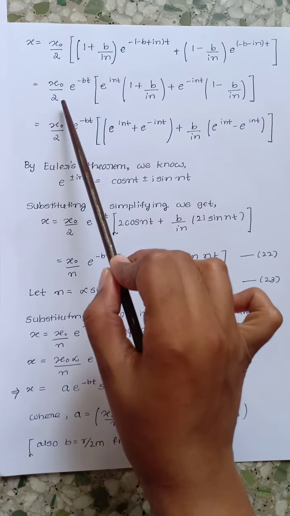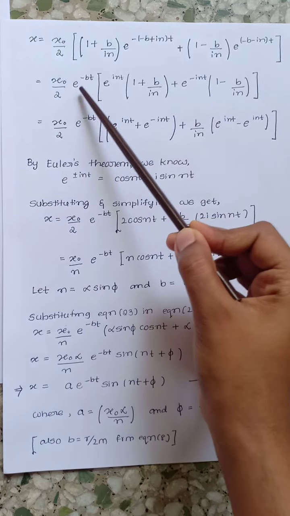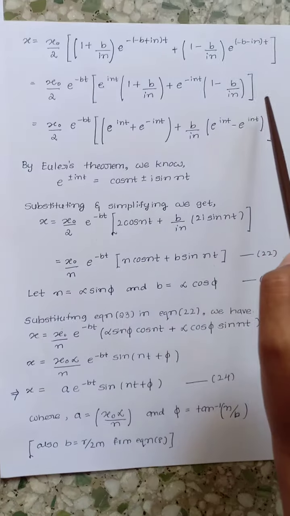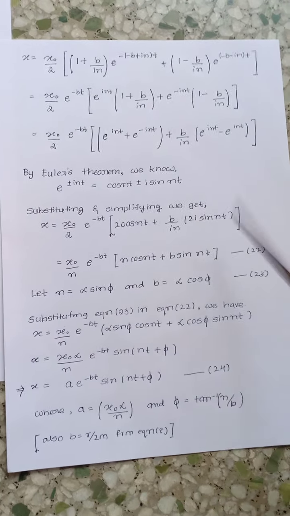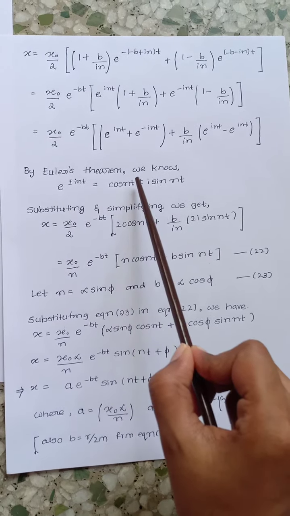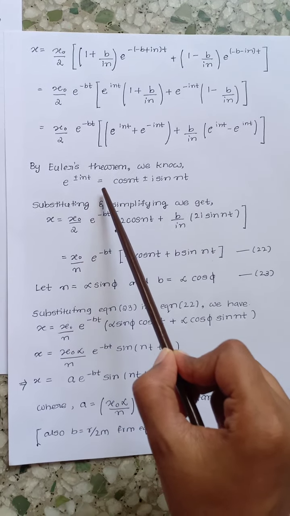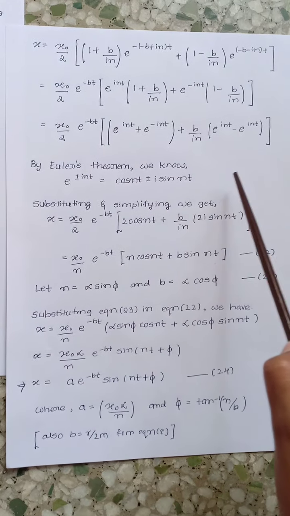Write x naught by 2, taking e to the power of minus bt common from both sides, and simplify. Then by Euler's theorem we know that e to the power of plus or minus i nt equals cos nt plus or minus i sin nt.